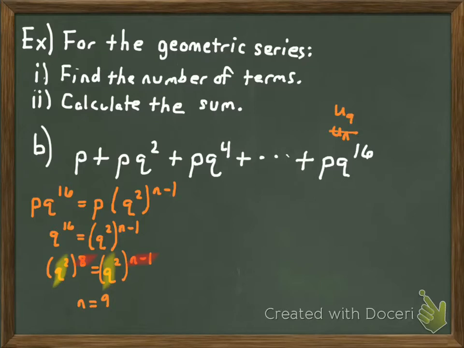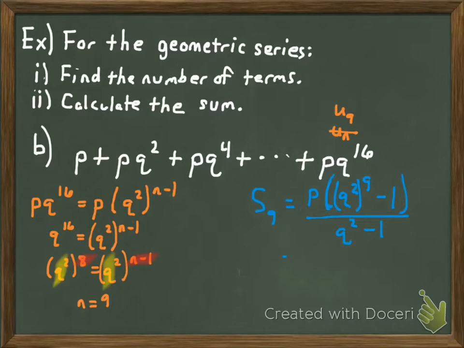So then finally use your formula and find the sum of the first 9 terms. That'll look like this. You'll have p times q squared to the 9th power minus 1 divided by q squared minus 1.